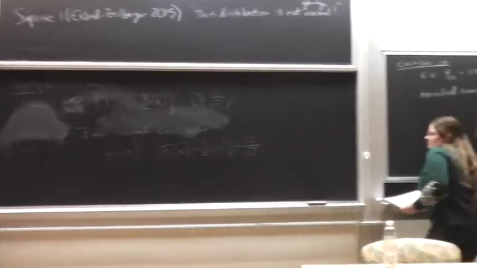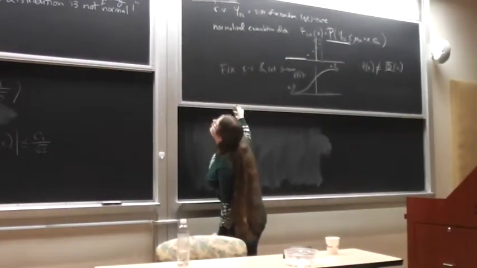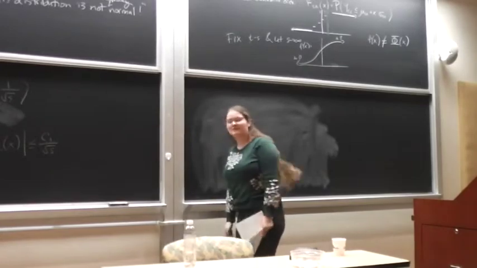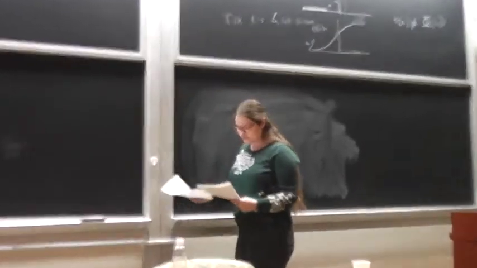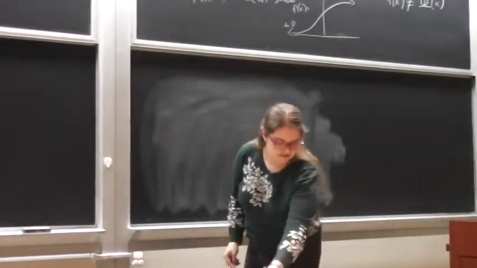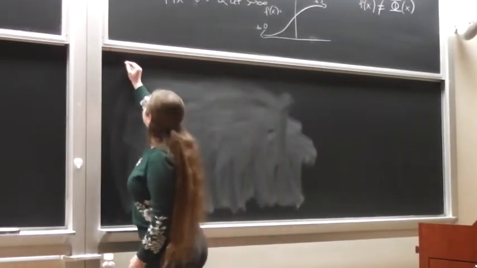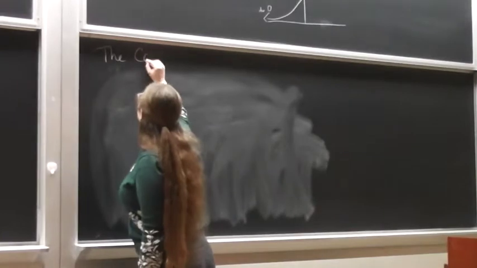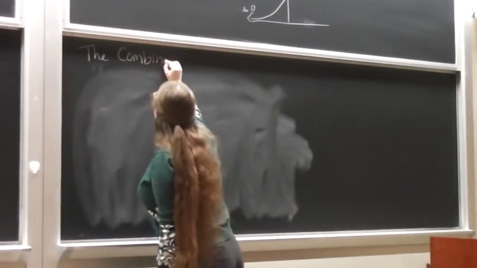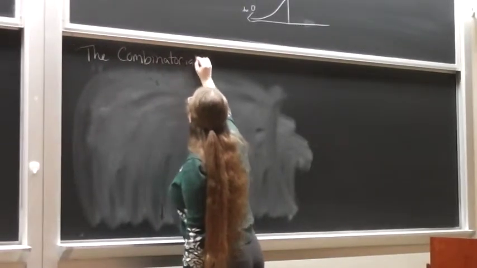So I promised you tools. So now that we know what we're trying to prove, it's time to tell you one of the tools we're going to use to prove it. So, someone's coffee sitting here. So, the first big tool is called the combinatorial central limit theorem.